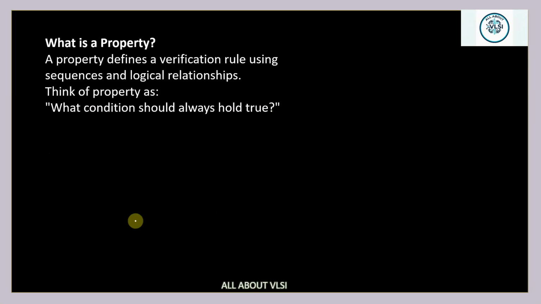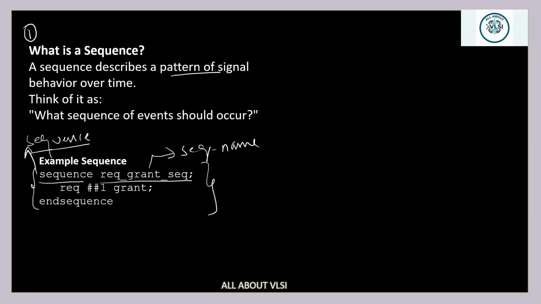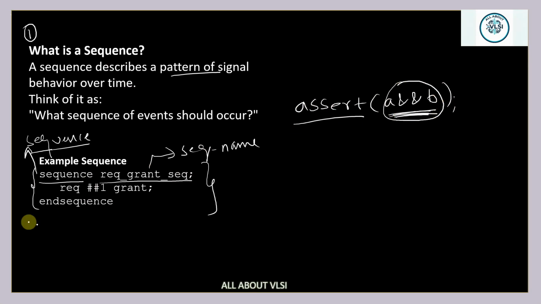Now we will have something known as property. Ultimately, we are going to write some condition for checking, right? In an immediate assertion, we write assert a and b, directly writing the condition. But in concurrent assertions, instead of writing the condition directly with the assert keyword, I'm going to write whatever condition I had inside a sequence.